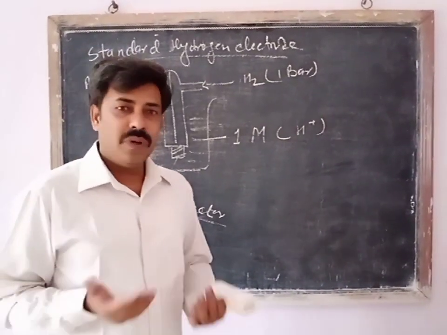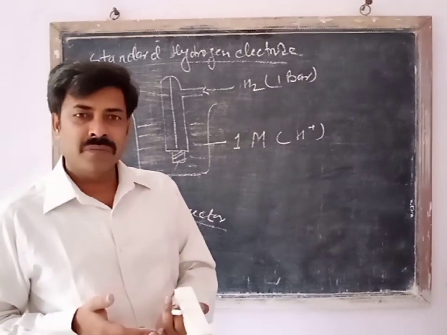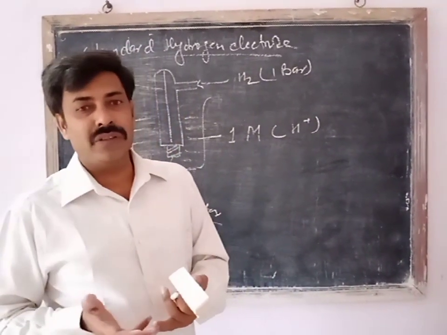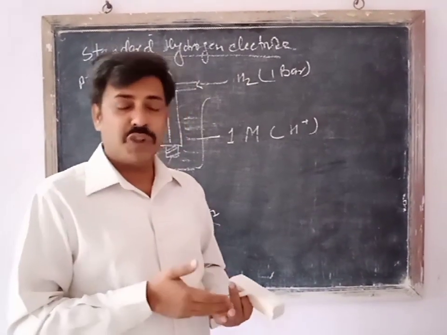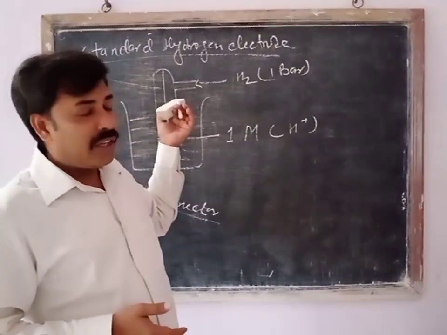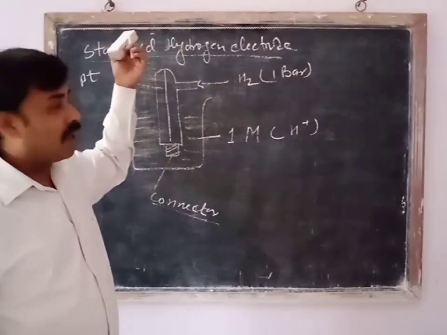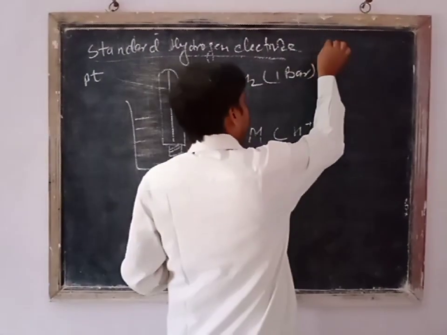So we are not capable of finding the exact value of the potential. To find the potential difference, we have to use a specific standard electrode, and that standard electrode is called the standard hydrogen electrode, or SHE.